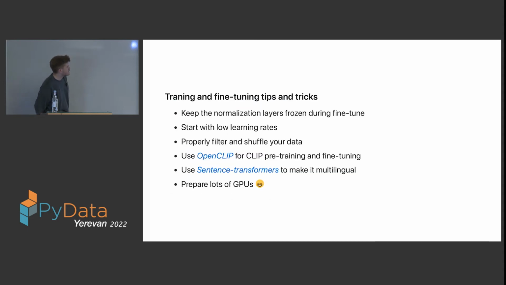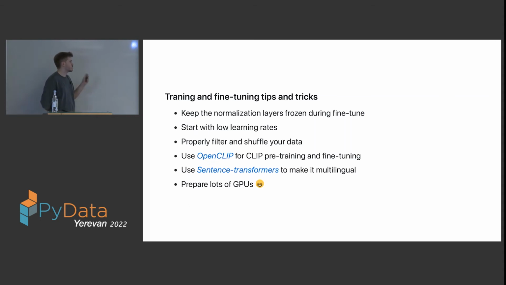So yeah, there are some tips and tricks that I have picked up while working with CLIP. First of all, CLIP is a very sensitive model. So try to keep your normalization layers frozen during fine-tuning, and actually sometimes during the late epochs in the pre-training.